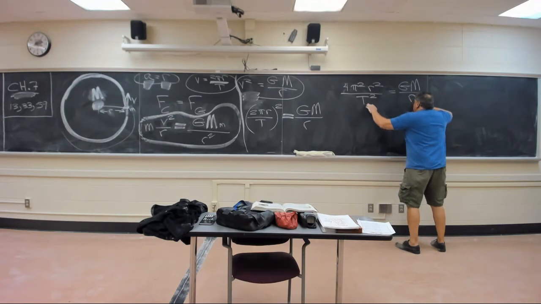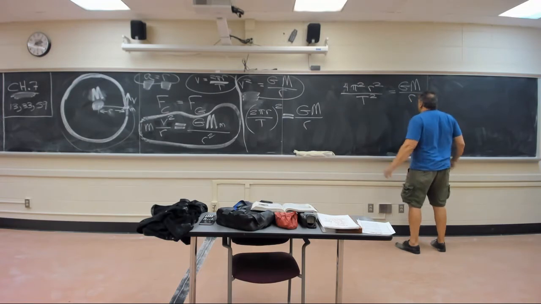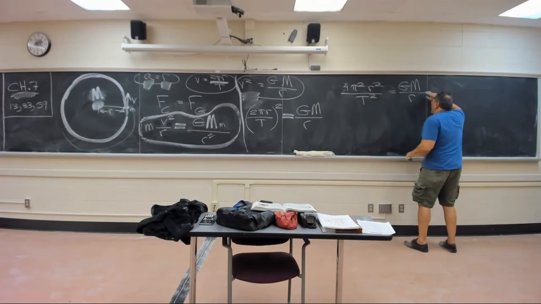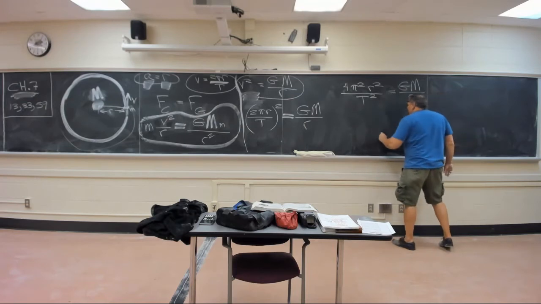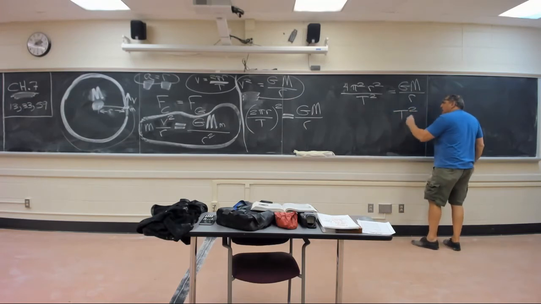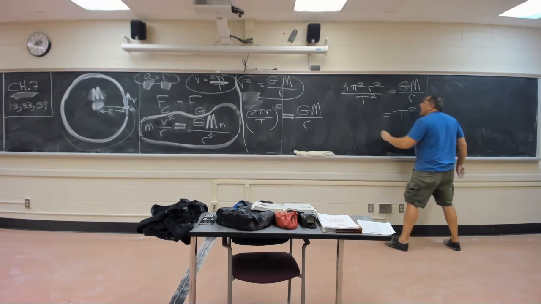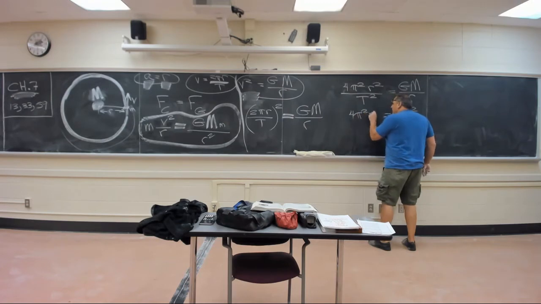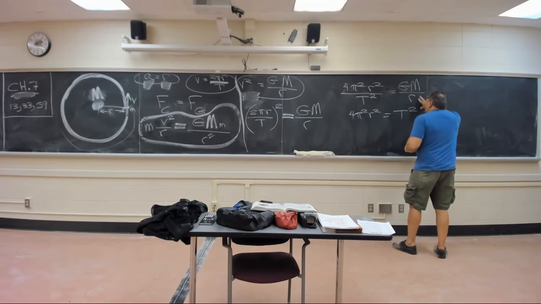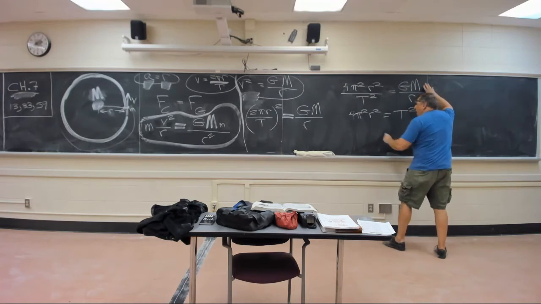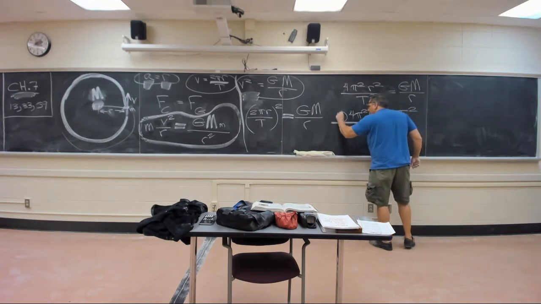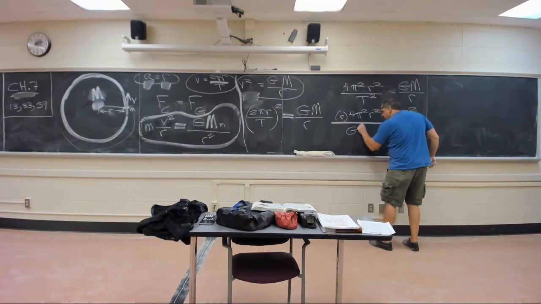Let me multiply by T squared on each side, and then multiply by the reciprocal of GM over r, which is r over GM.